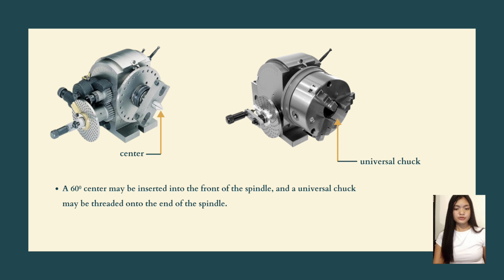The image shows two methods for attaching a workpiece to the spindle of a dividing head. Using a 60 degree center: a 60 degree center is inserted into the front of the spindle. This method is suitable for workpieces with a pre-drilled center hole.